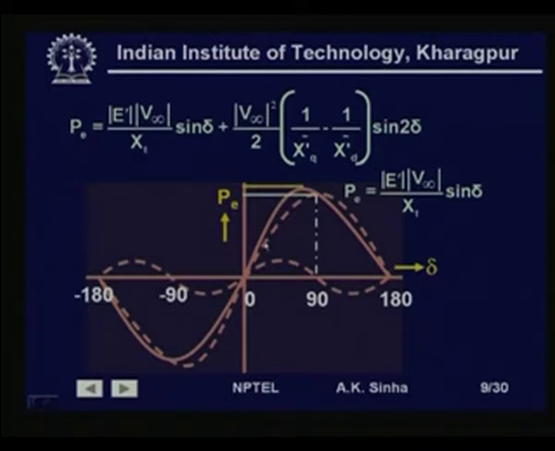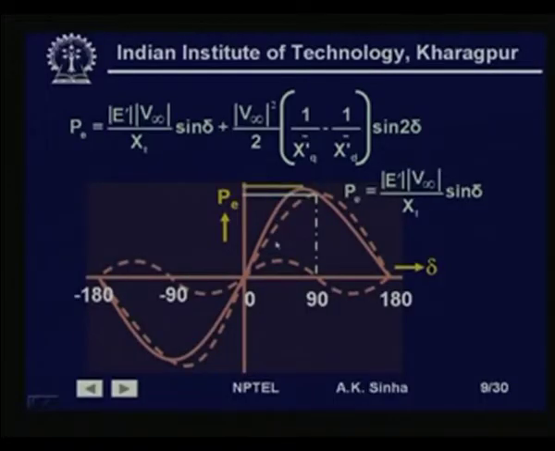Now, suppose we slowly keep on increasing the power output of the machine, that is, we very slowly increase the mechanical input to the machine. What is going to happen? Because of that, the delta angle will keep on increasing. So, it will start from here, and we will keep on increasing very gradually. So, the machine operating point will keep on moving, that is, delta angle will keep on increasing.